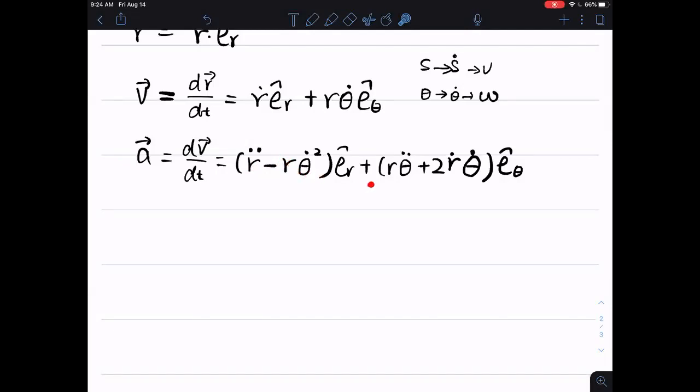We have theta double dot, which is the angular acceleration. Just keep that in mind. If you want to use the acceleration equation, make sure you have the right one, like r double dot. Some of them are single dots. Make sure you copy the right equation.